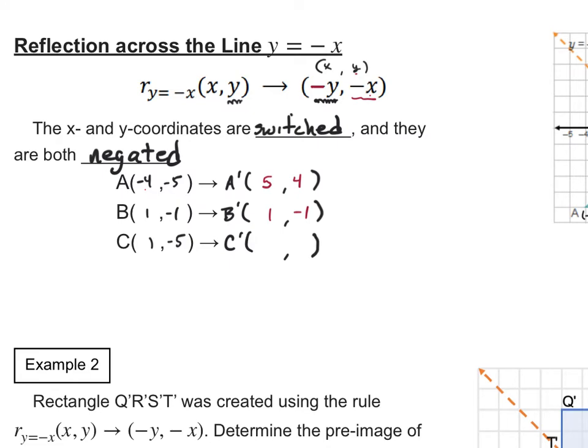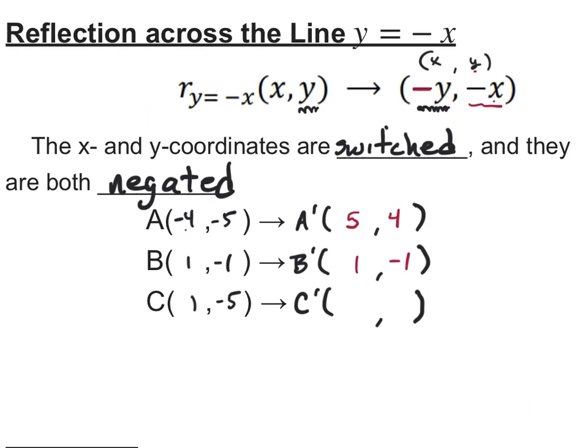But let's look at point C. Remember, my new x value is going to be the former y with the negative. So my former y value was negative 5, so negative and then negative 5. This was the y value and I negated it. And then the next one's going to be the x value negated, so that would be negative 1.